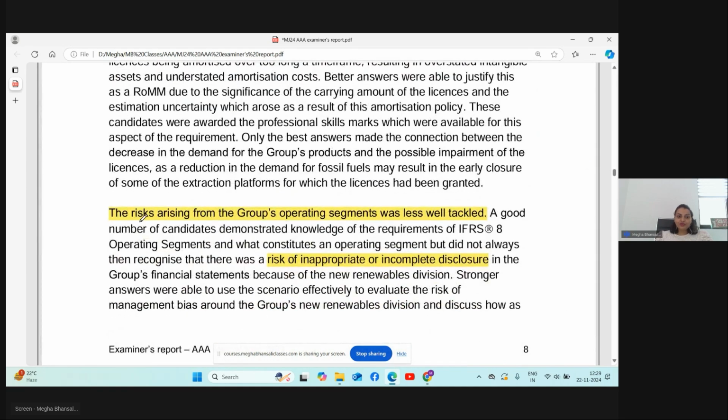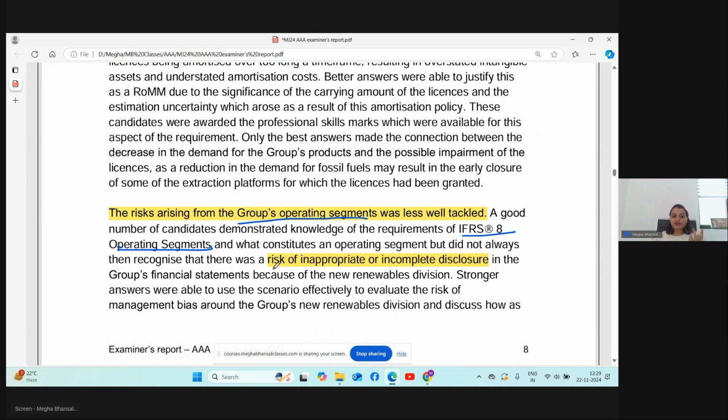So they were talking about an operating segment. They felt that this was a very weak area, probably because students did not focus on IFRS 8, which is operating segments. When we study SBR, operating segment is a very small topic, so probably students have skipped it. Because of that, they could not answer this properly.